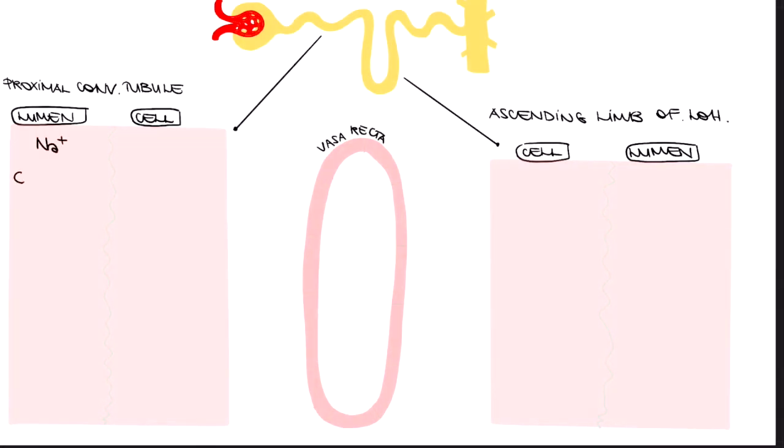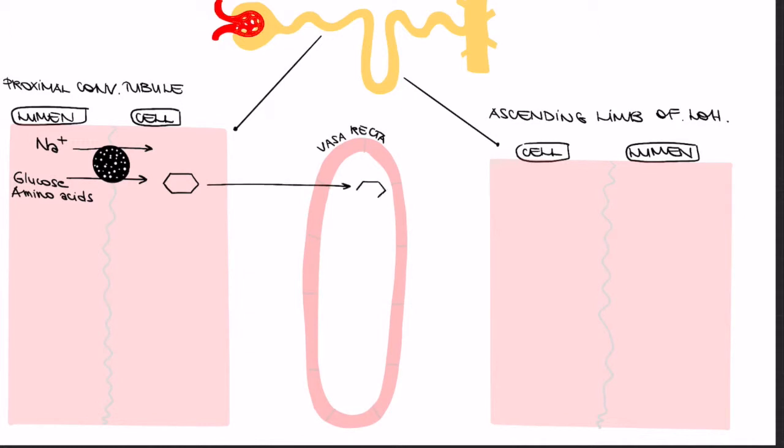In the proximal convoluted tubule, sodium reabsorption occurs together with glucose or amino acids. We do have to mention that the glucose and amino acids will get reabsorbed back into the circulation. There is another transporter which works like an exchanger, sodium to hydrogen ion.